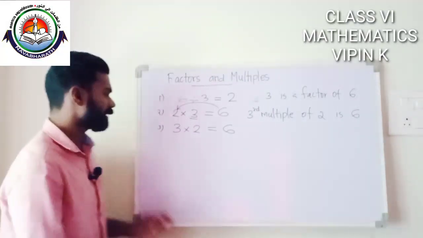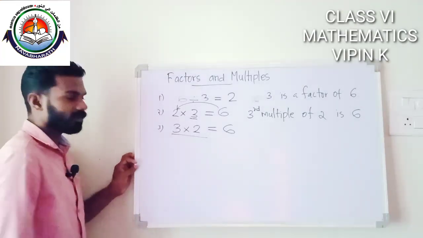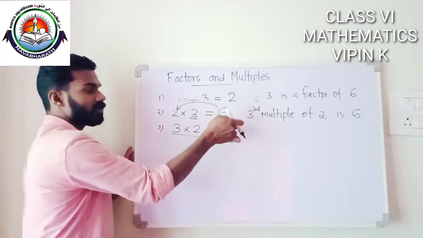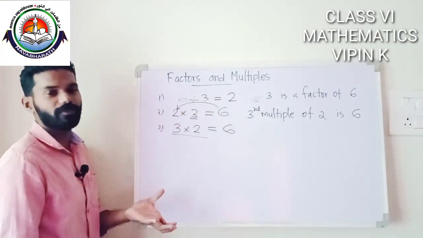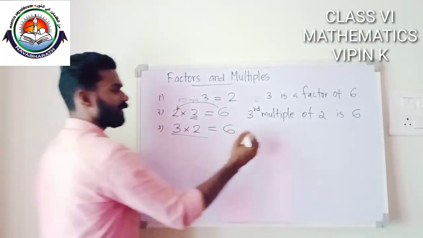Just like that, from here, what can we say? The second multiple of 3 is 6. Or simply we can say that 6 is a multiple of 3.